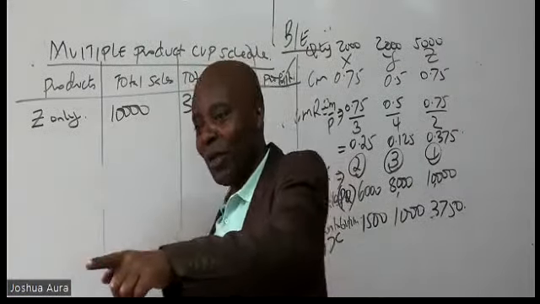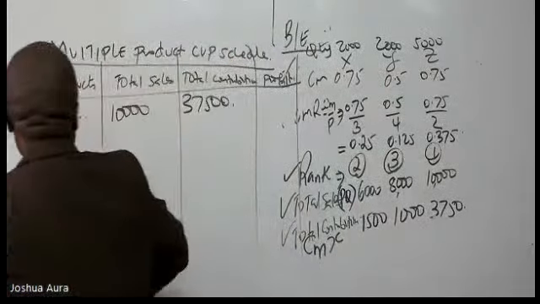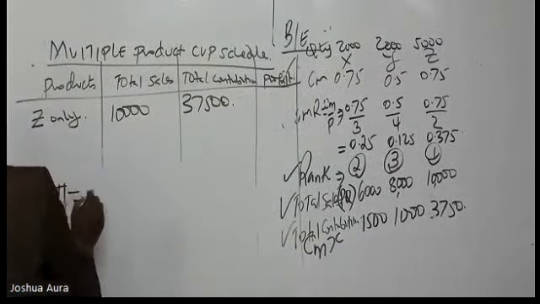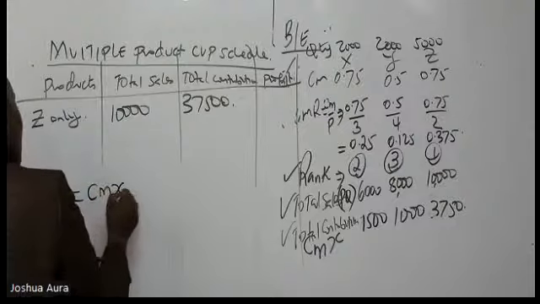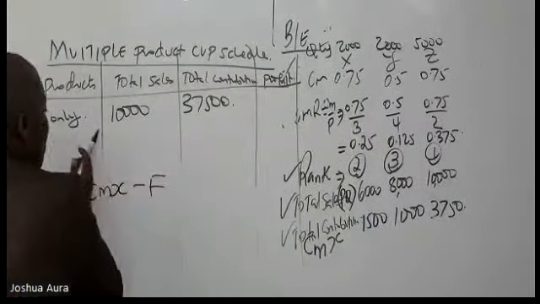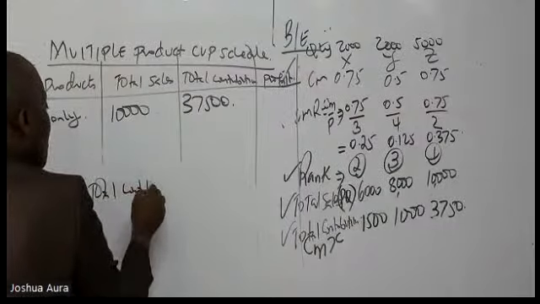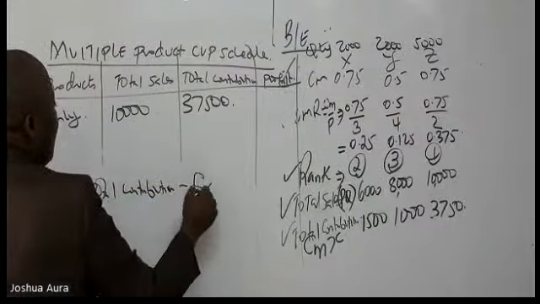Thank you so much, Robert Mwangi. Robert has told me something very important, that he knows how to find profit: profit is CM minus fixed cost. In short, profit is total contribution minus the firm's fixed cost.